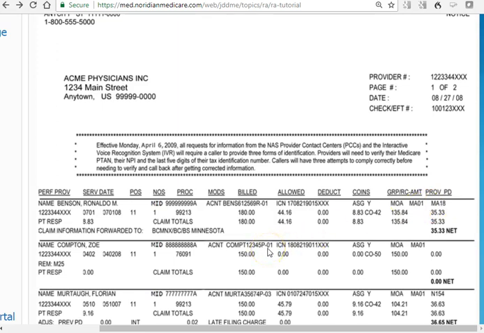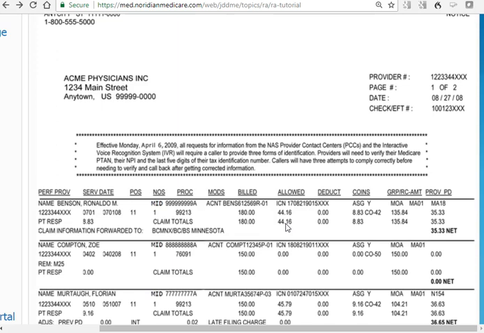So when we're posting this information to our practice management system, first of all, we want to check, if we can, that the allowed amount is populating properly, since every provider will have a different allowed amount based on their contract with commercial insurers.